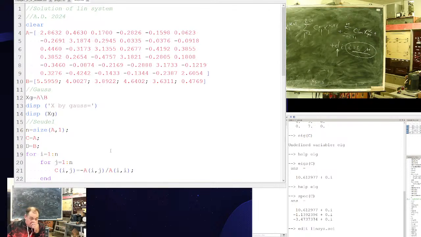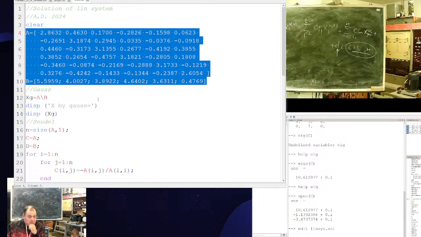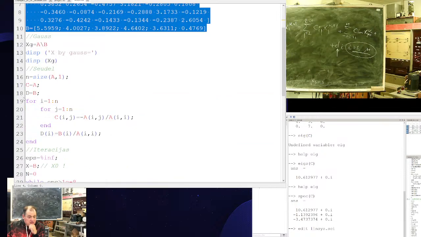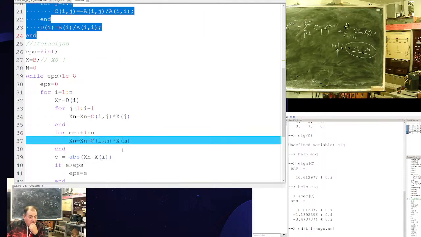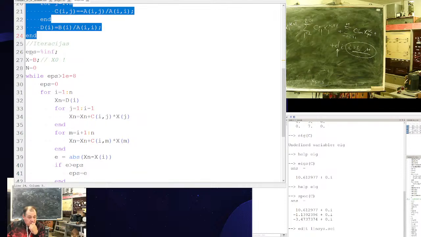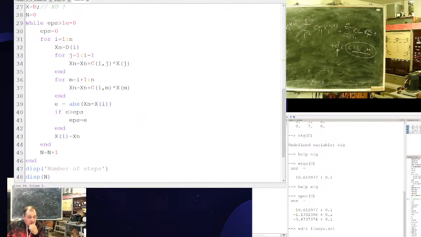I forgot to switch screen. Okay, for those who watch me online: A and B matrix, C and D for Jacobi, and iterative, where we should repeat until the condition is met, until precision is reached.